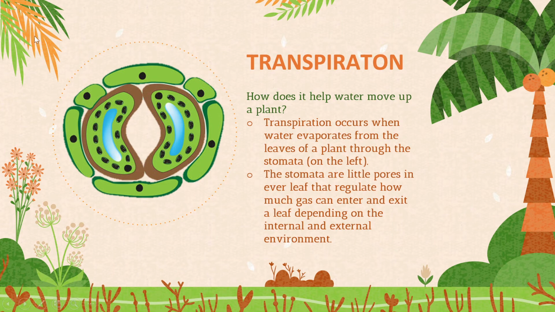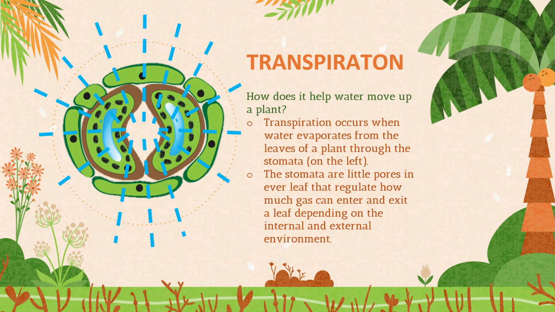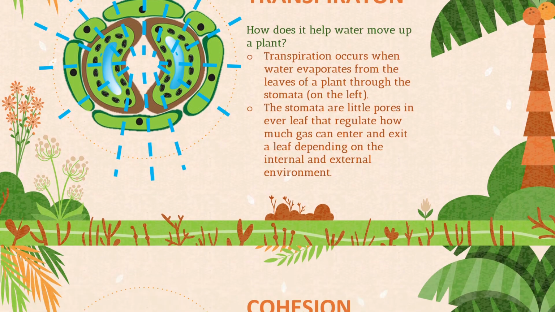The stomata are just little pores in the leaf that can regulate how much gas can enter and exit the leaf depending on internal and external environment like humidity and temperature, which both affect whether or not a stomata is fully open or closed. And that's a diagram of the water leaving the stomata.